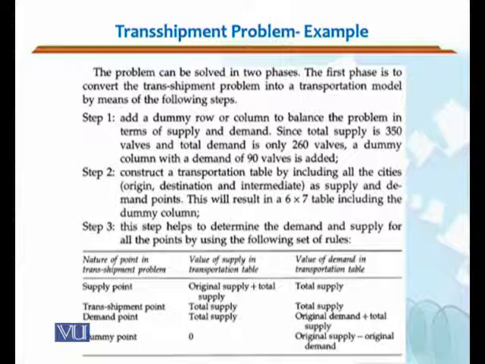For a transshipment point, it would also be the total supply. And for a demand point, it would be the original demand plus the total supply. For a dummy point, it would be the original supply minus the original demand. So these are the set of rules we need to consider. You need to know how to deal with the value of supply and demand for supply, transshipment, demand, and dummy points.